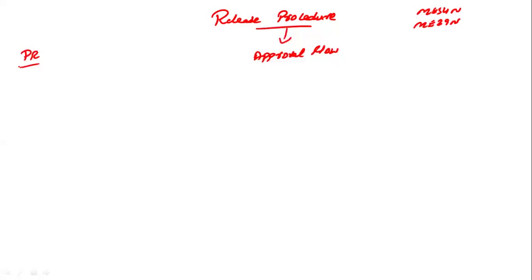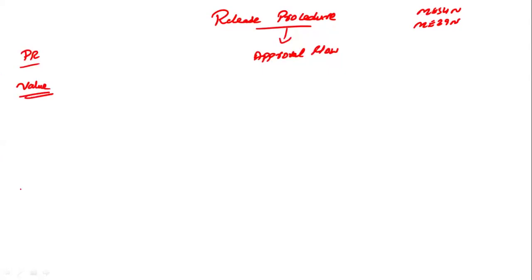When I say PR is getting released and PO is getting released, there will not be only one person releasing the PR or PO. There might be multiple people releasing it. That depends on the value of the PR or PO. So what is this value?